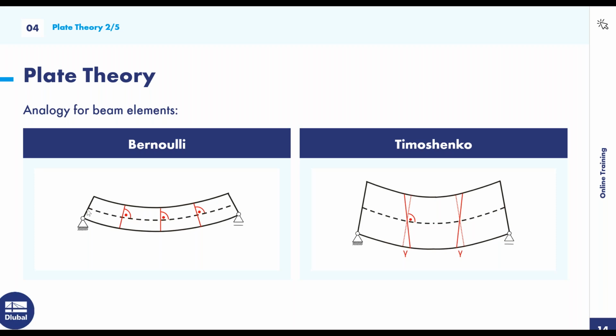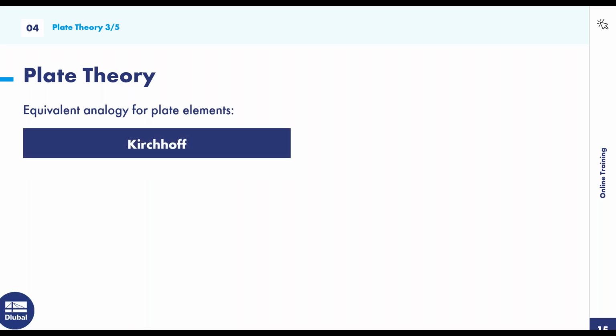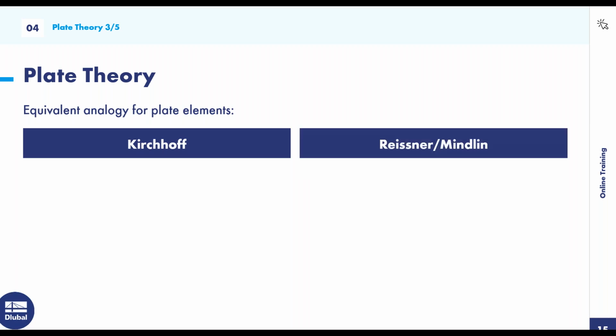Now, knowing these two theories, we can apply the same idea to our plate elements, or plate theory. A similar theory to Bernoulli's for plate theory is Kirchhoff's theory, and similar to the Timoshenko theory is the Reissner-Mindlin theory, and this works the same way for plates.